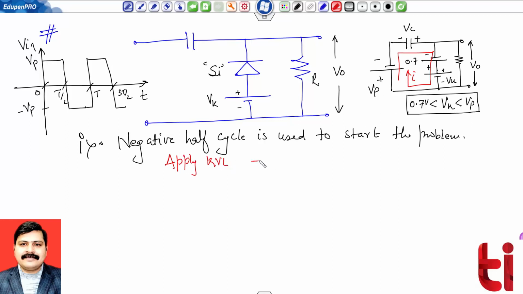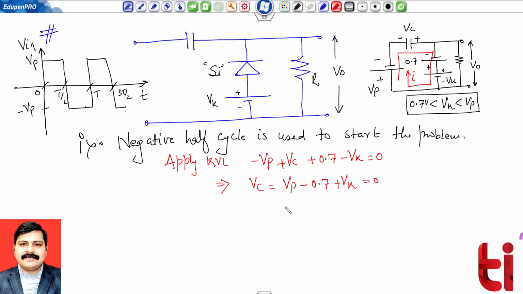What we will receive? Minus Vp plus Vc plus 0.7 minus Vk equals 0. That means the value of Vc will be equal to Vp minus 0.7 plus Vk.